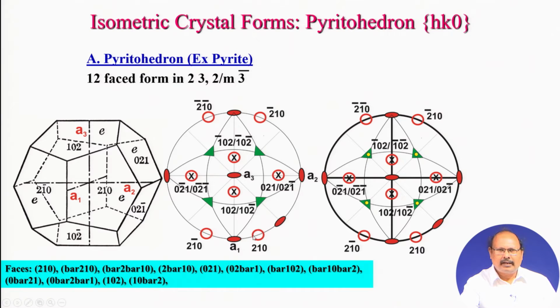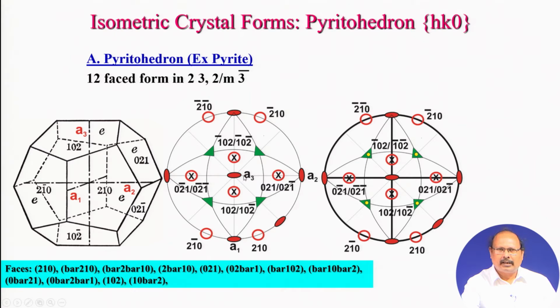If 210 is the position here, then what will happen? It will be acted upon by this triad. I am discussing this with respect to the point group of symmetry 2 3. Let us recapitulate what we have in 2 3.